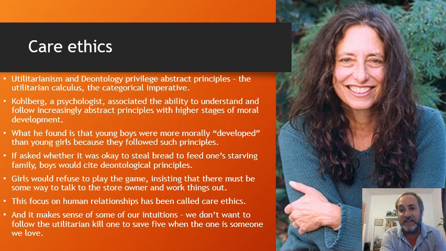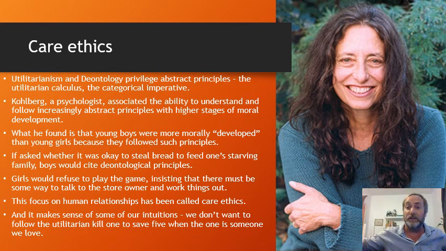All right, and the last of the four ethical theories is care ethics. This is associated with Carol Gilligan, and she's responding to a strain in psychology associated with Kohlberg, right? Utilitarianism and deontology privilege these abstract principles, right?